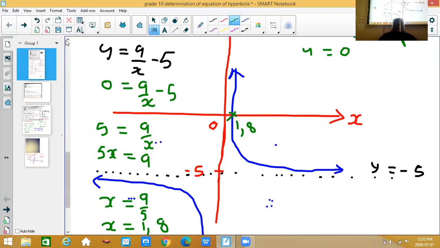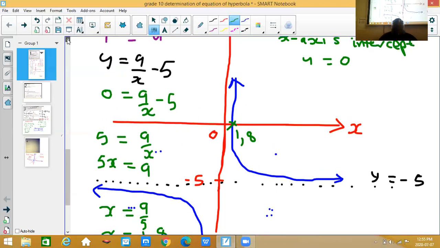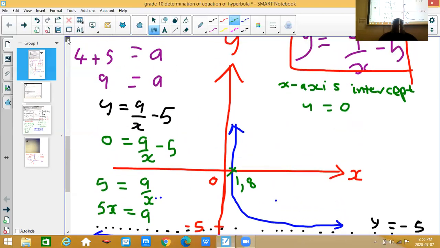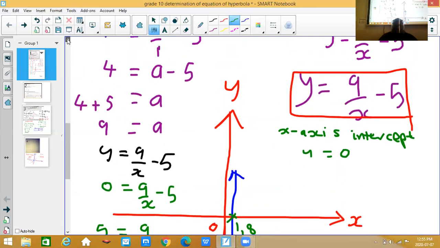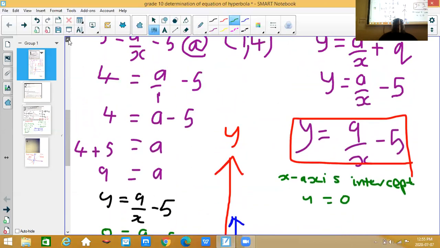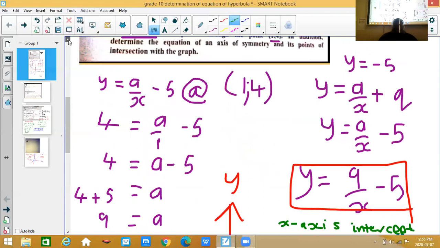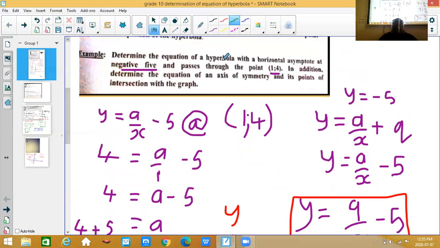So implying that with this one in mind, we have answered one part of the question where they specified that find its point of intersection with the graph. In addition, determine the equation of the axis of symmetry and its point of intersection.